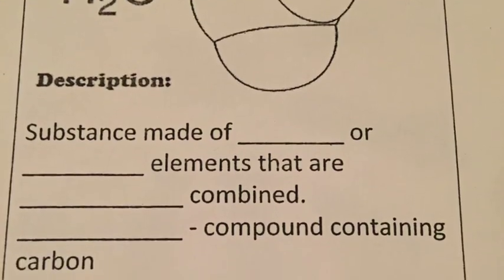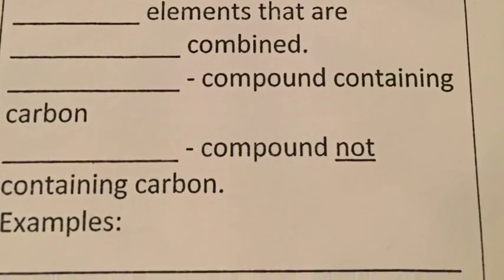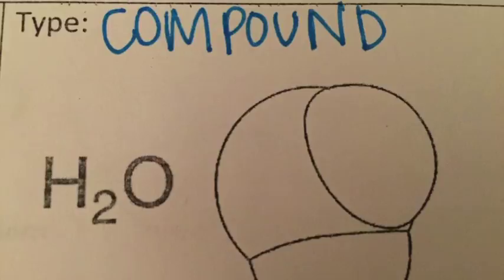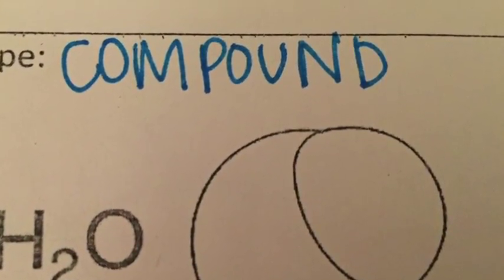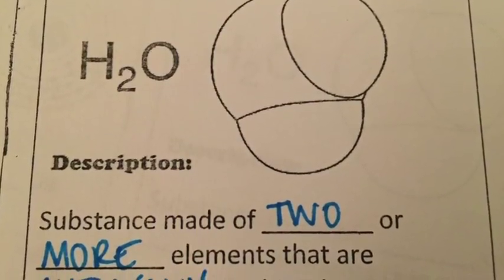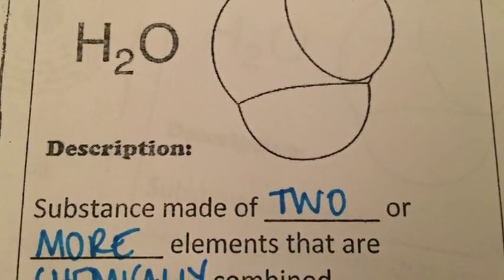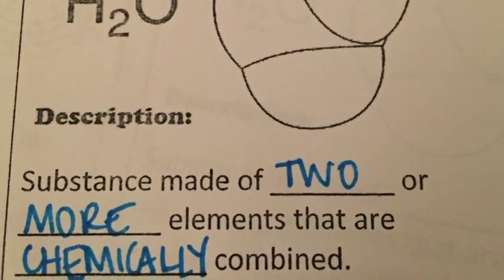Moving on to our next type of matter, we're going to get slightly more complex than an element. This type is a compound. And a compound is a substance made of two or more elements that are chemically combined. So they are put together chemically with chemical bonds.